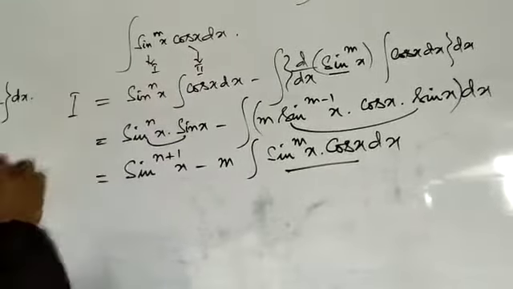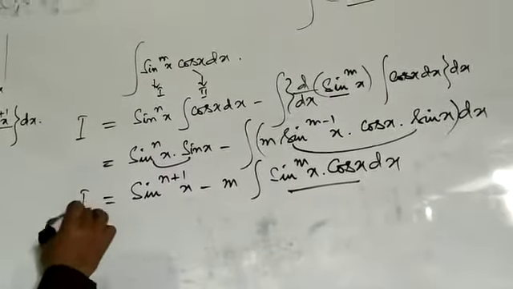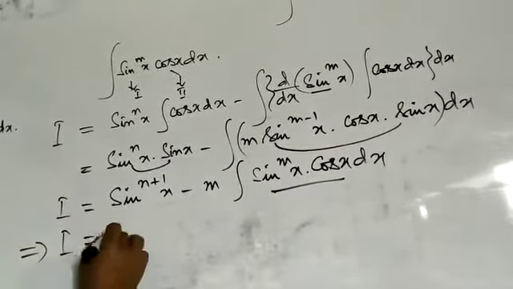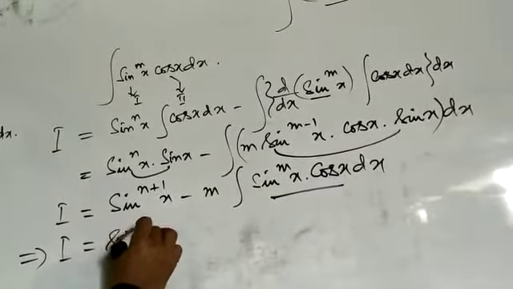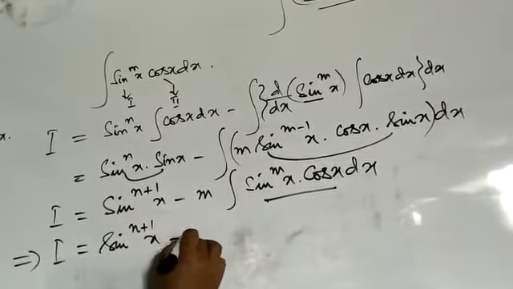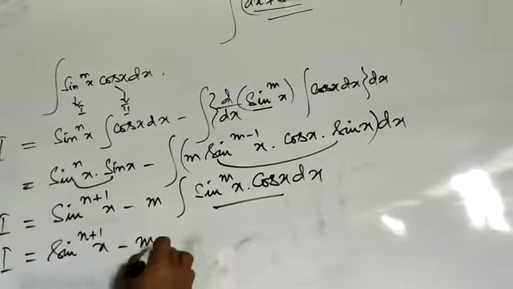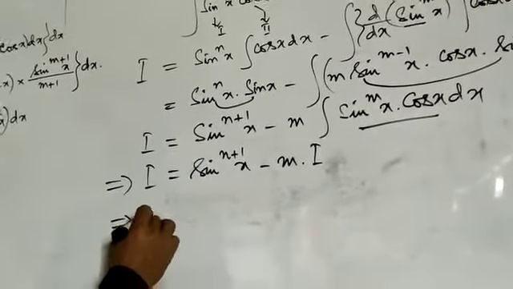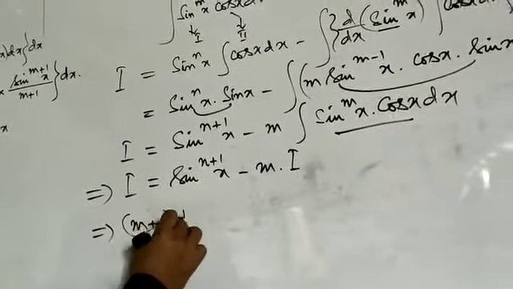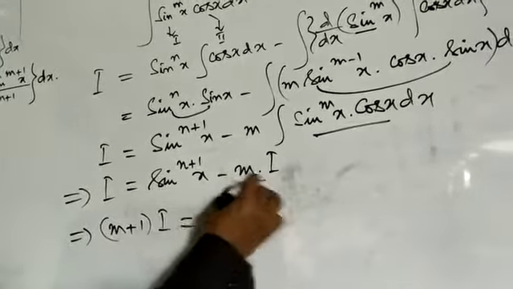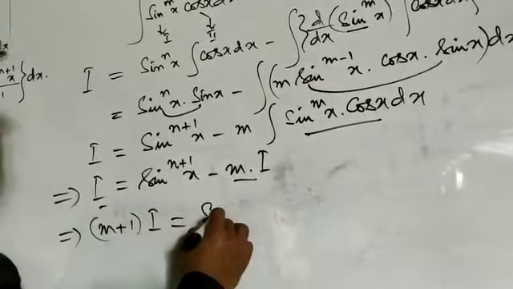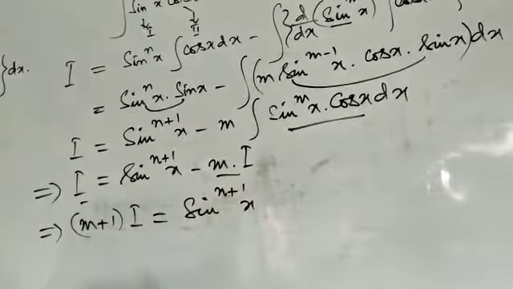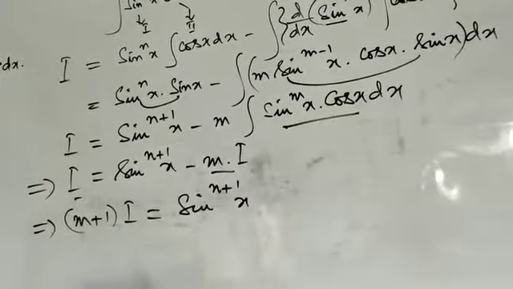Say, suppose if we take it as I, then naturally this becomes I again. Then by transposing m plus 1 into I, if you combine this and this, like this.